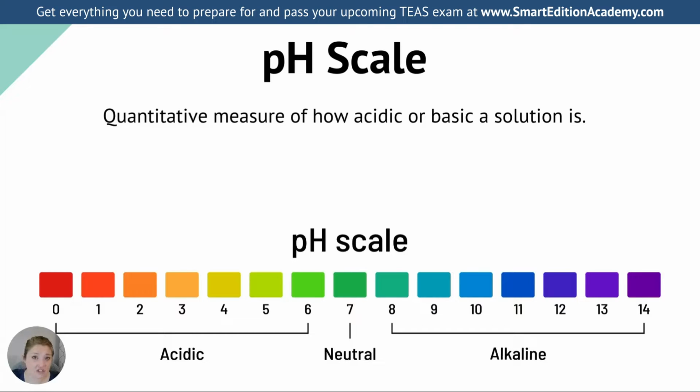Remember, alkaline is just another word for base, so you can interchange those words as acidic or basic or alkaline. Now, 7 in the middle is neutral, and there are a few neutral substances, but the most common is pure water. It has a pH of 7, making it neutral in the center. So everything below that point is acidic, and above that point is alkaline or basic.